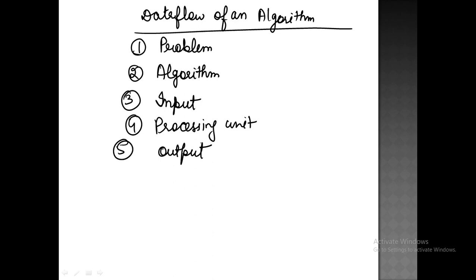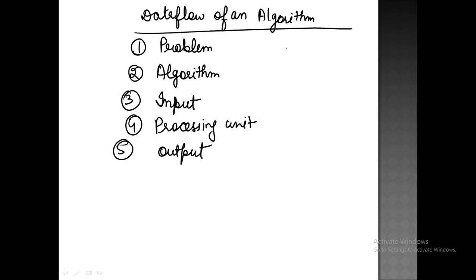You can say a problem can be a real world problem, for which we need to create a program or set of instructions. The set of instructions is known as an algorithm. Now the algorithm will be designed for a problem.